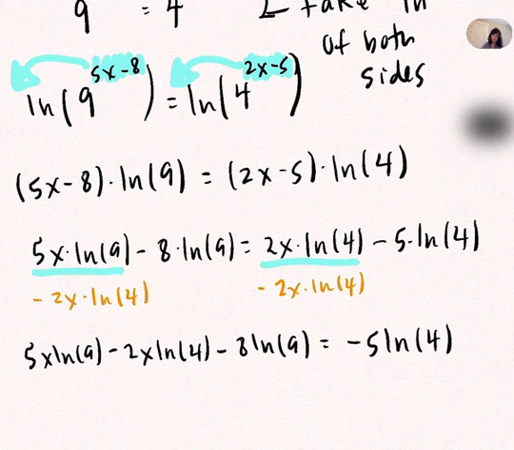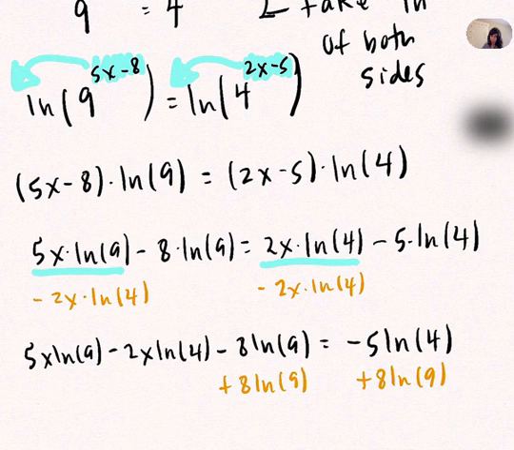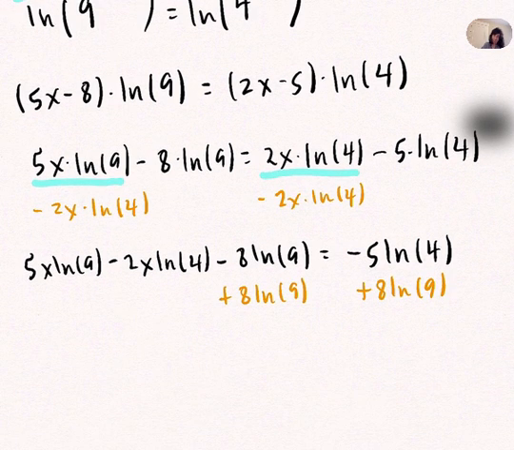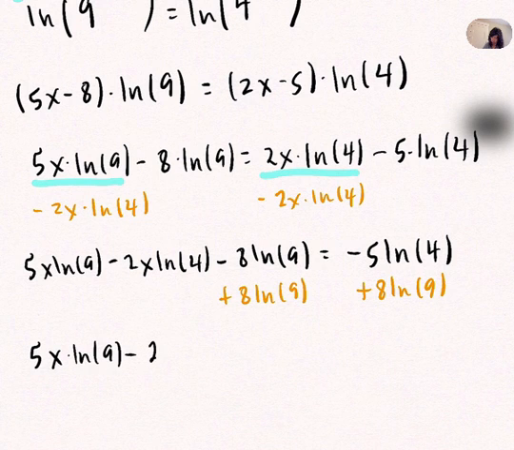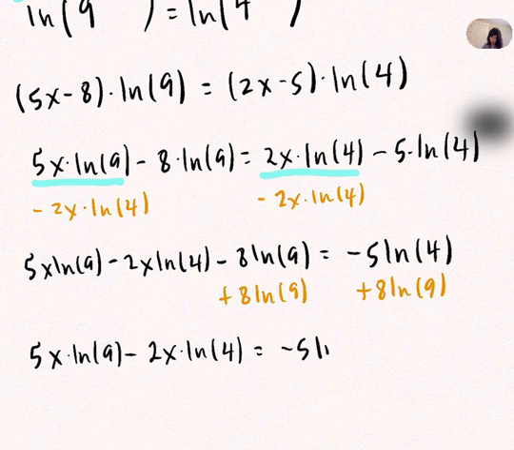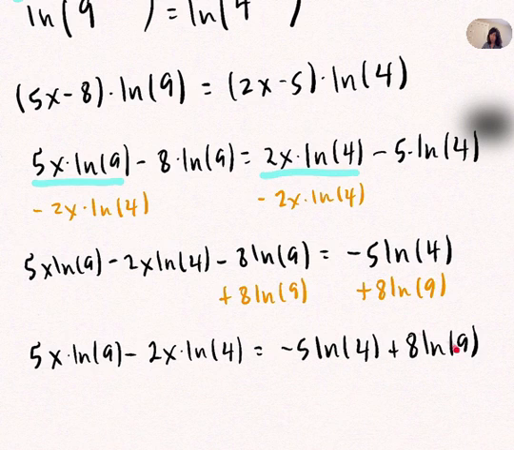Then I'm going to add 8 ln of 9 to both sides so that the constant terms are on the right and the x terms are on the left. Okay, everything on the right is a constant. Ln of 4 is just a number. You could type it in your calculator, and so is ln of 9. So everything on the right is a constant, and then these two terms on the left have x's in them.